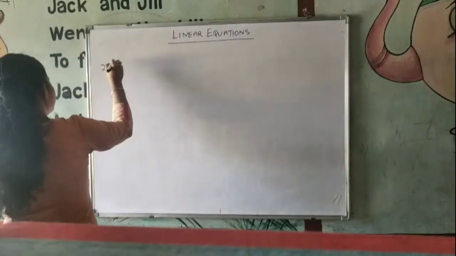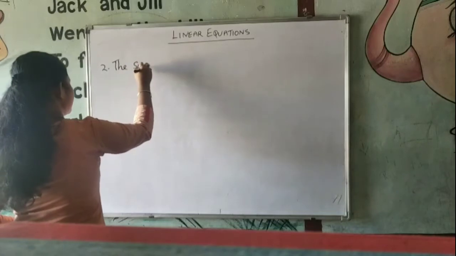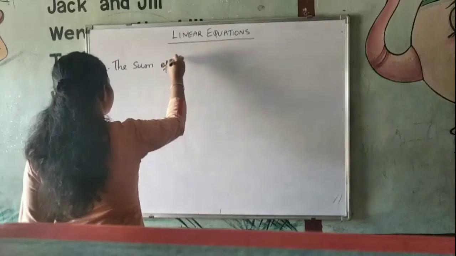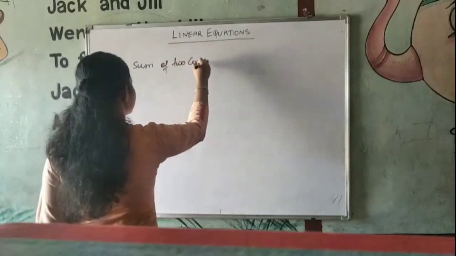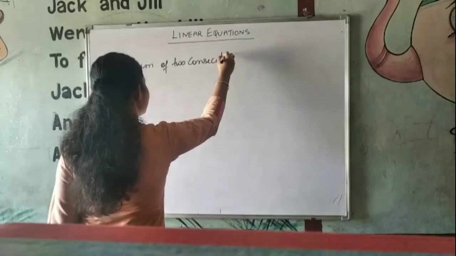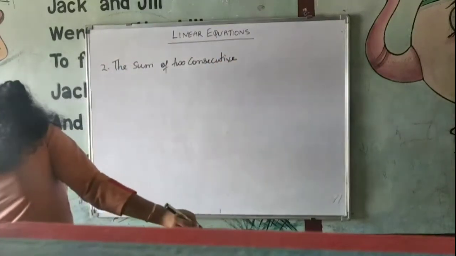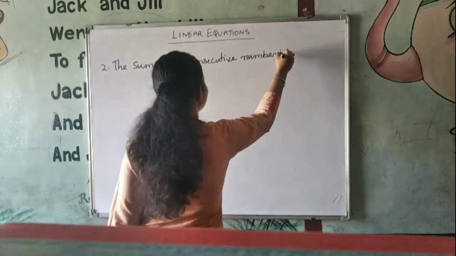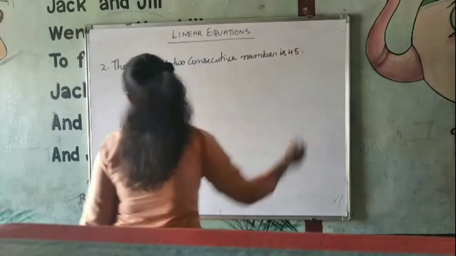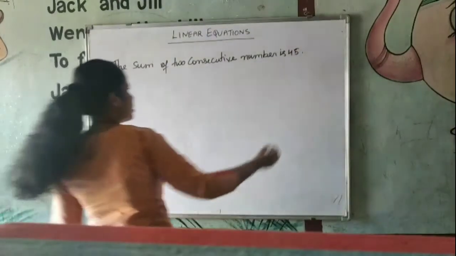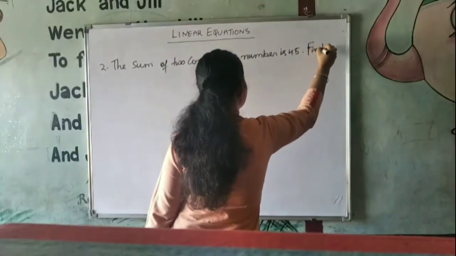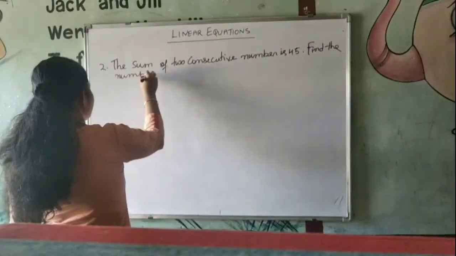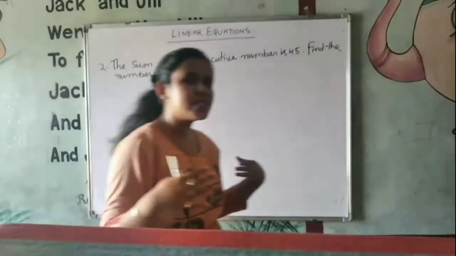The sum of two consecutive numbers is 45. Find the numbers.